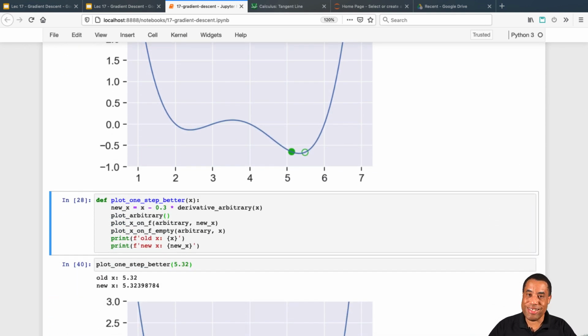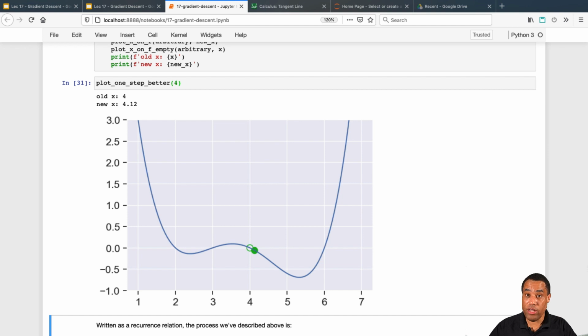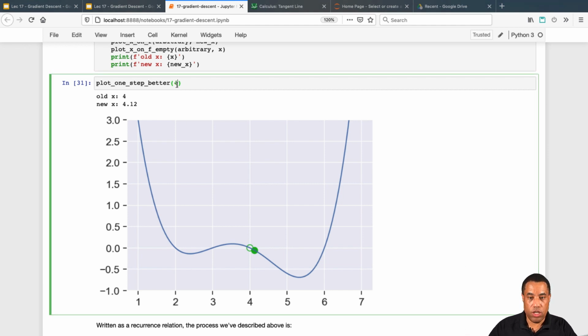So instead, what we're going to do is scale our jump. Rather than trying to jump the full value of the derivative, we're going to scale it by 0.3. All right, so now let's see what happens if we start at 4. Okay, so now we're going to take a smaller step. All right, so 4.12 rather.